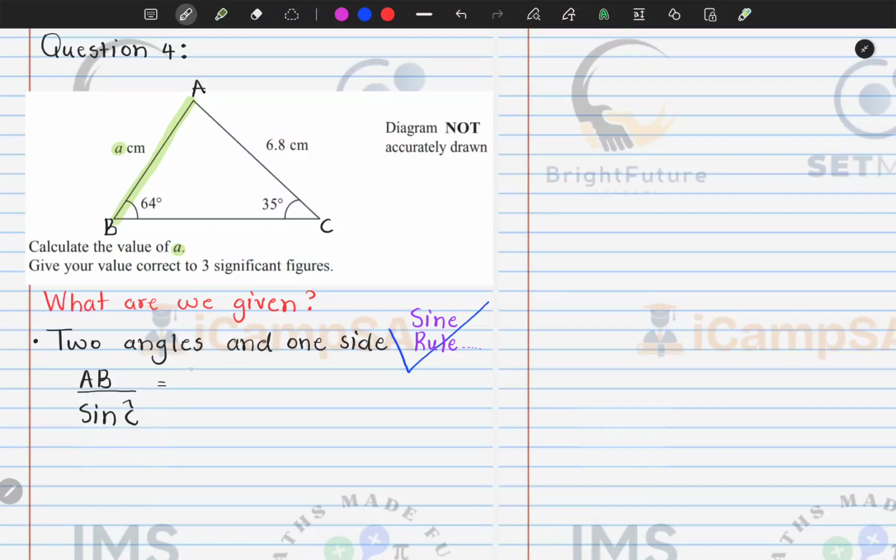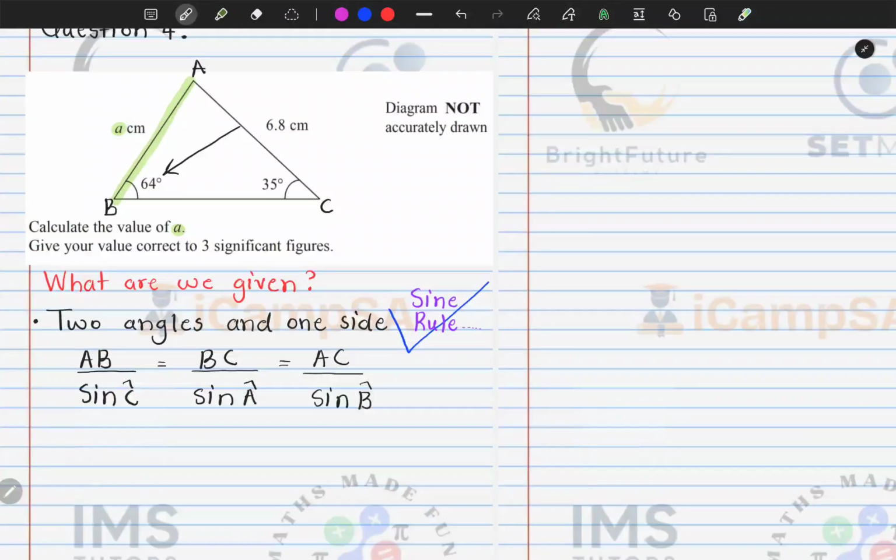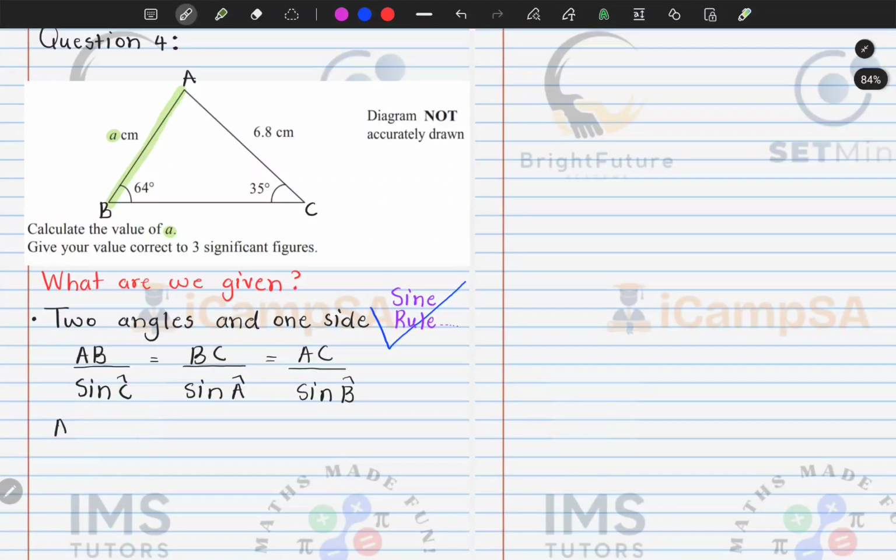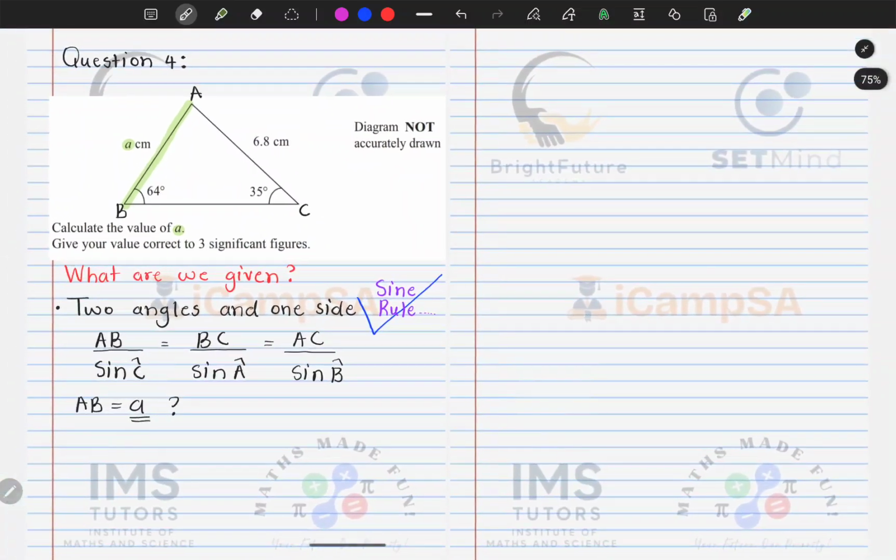And if I put in side BC, I must divide by sine of the angle opposite BC, which is angle A, equal to the side left now, which is AC. The opposite angle to AC would be angle B, so I'll have sine of angle B. Now I'm just going to place all the values that we have here, and please be aware that side AB is equal to A, which is exactly what we're looking for.